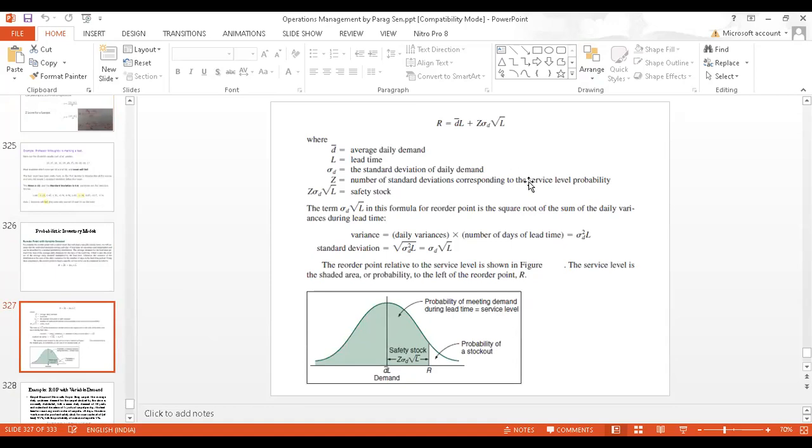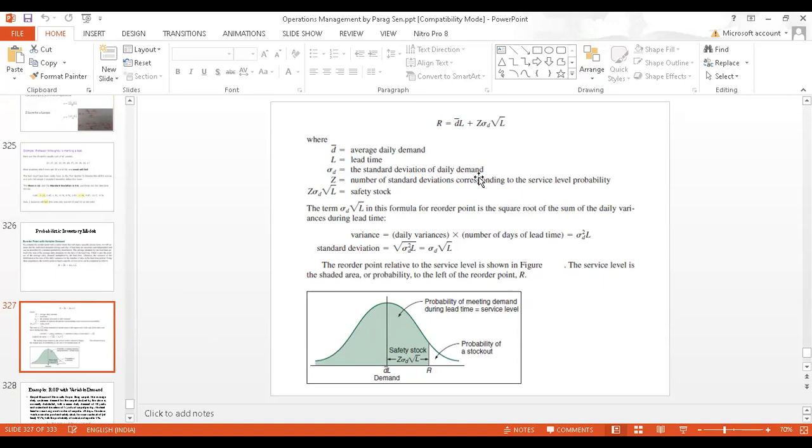So now the question is, why is the standard deviation written as sigma d into root L? The answer is that sigma d is the standard deviation of the daily demand.